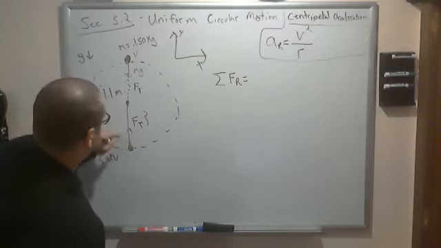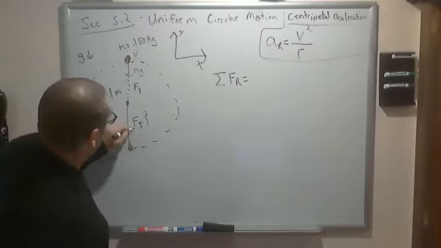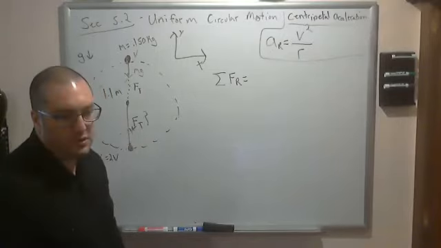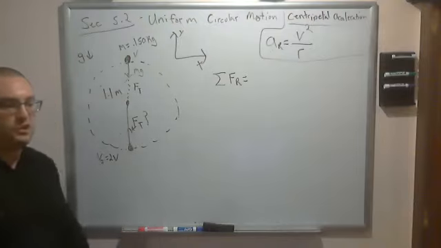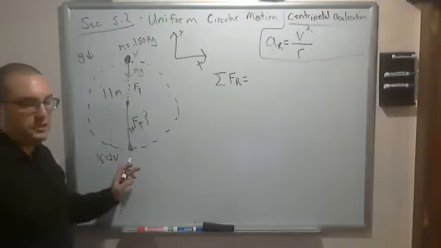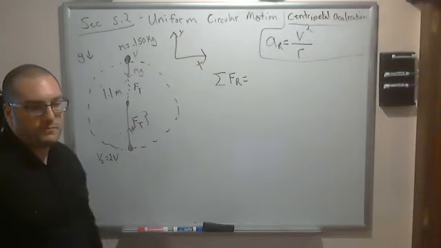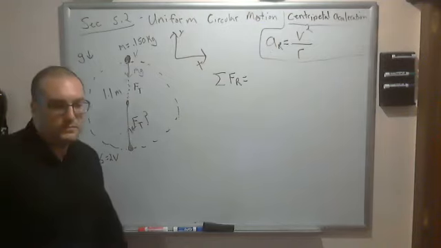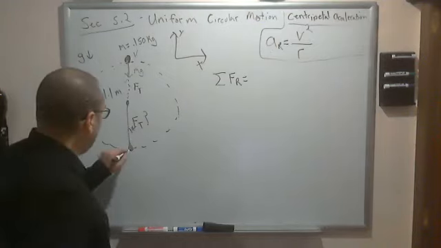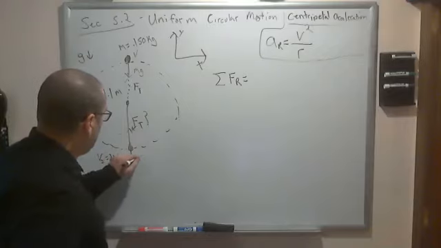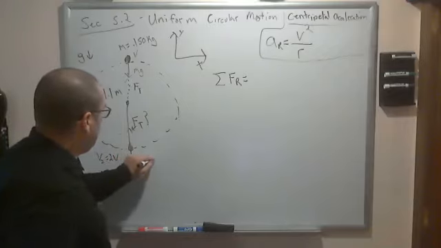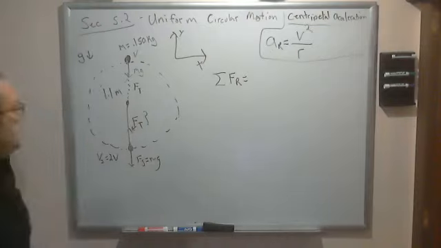This is the tension force. Which way is the gravitational force pointing on the ball at this point? Downward. So it always stays vertical.